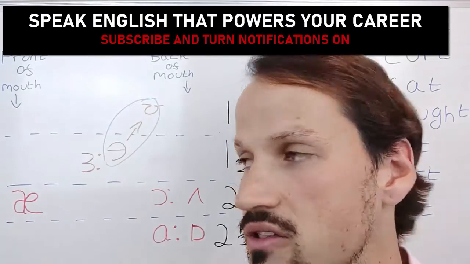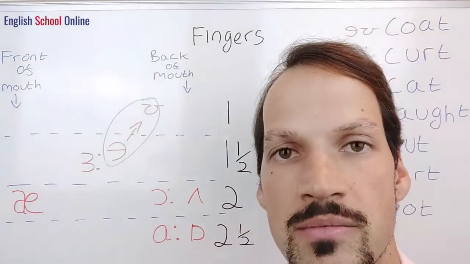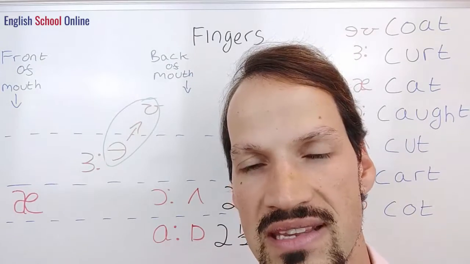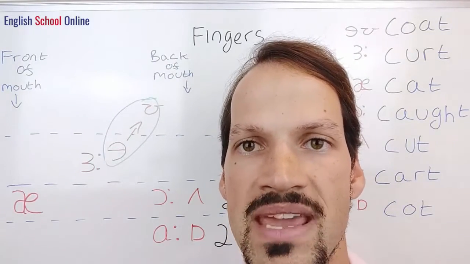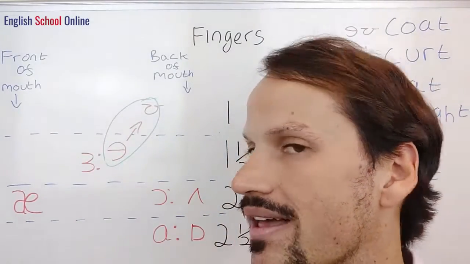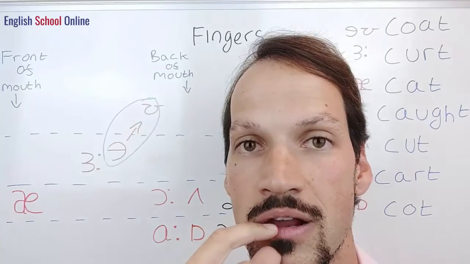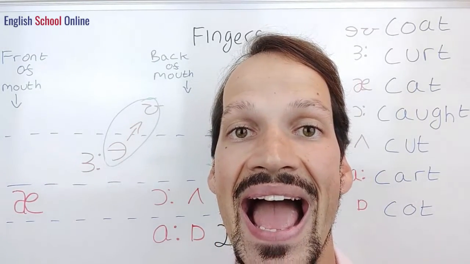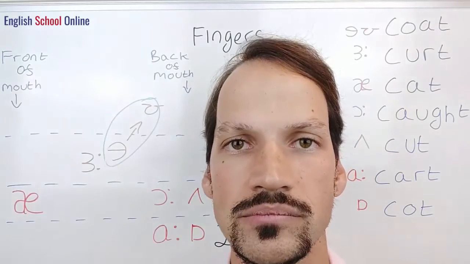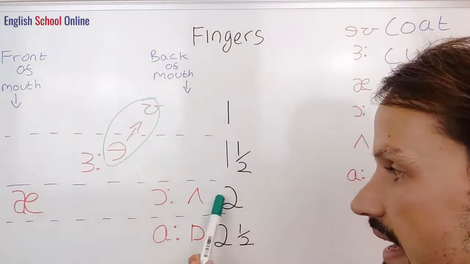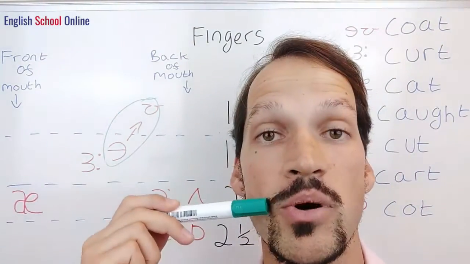Comparing that to the back of the mouth, here's some practical advice. It's easy to say this comes from the front, this comes from the back, but what does that actually mean? For a, the tip of my tongue is right behind my bottom teeth. For these sounds here, where they come from the back of my mouth, the tongue pulls back in the mouth.